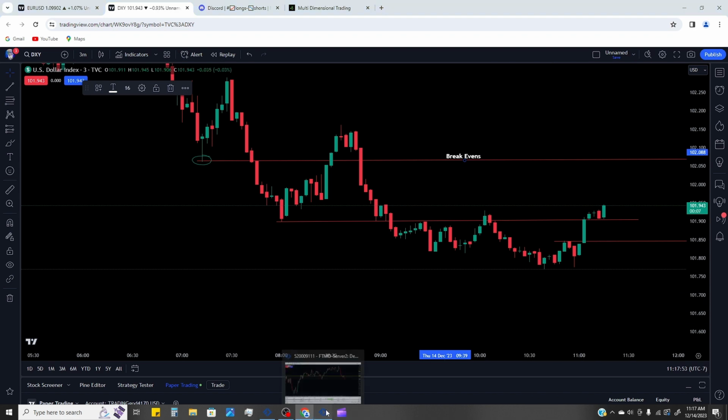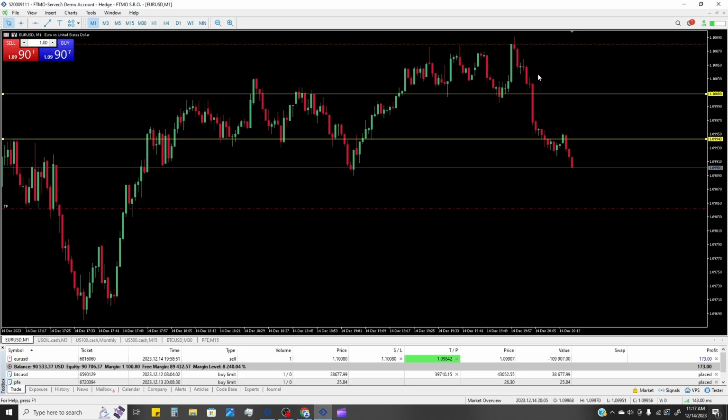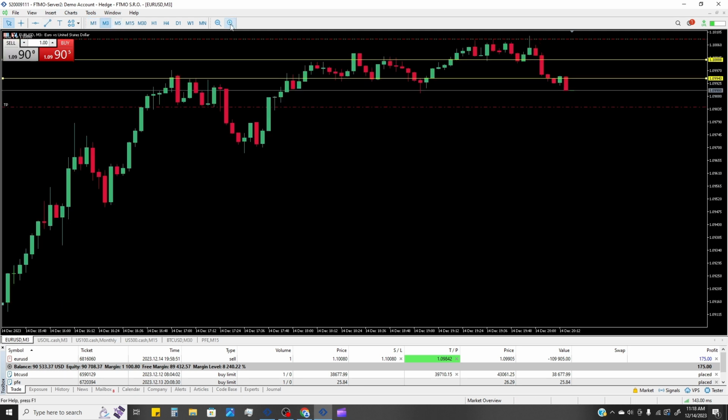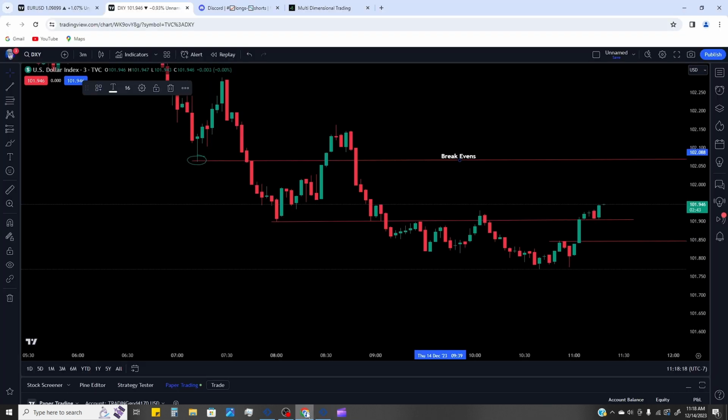As you can see, it's flushing. We have that volume coming in from the dollar, and that's transferring against the euro. We're in profit, 170 something. We could wait for it to hit our take profit, but I believe we're just going to take profit here because we've seen the candle on the DXY look doji.